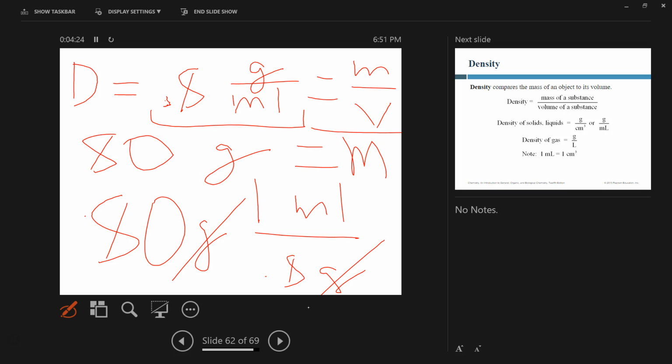Did you understand how we calculated this? Density is a conversion factor. We're going to do the density lab today, so we're going to do plenty of flipping up and down. Okay? Good?